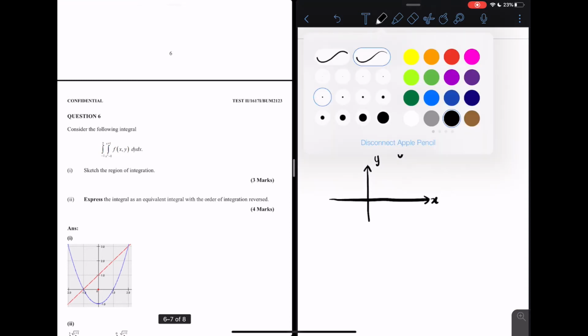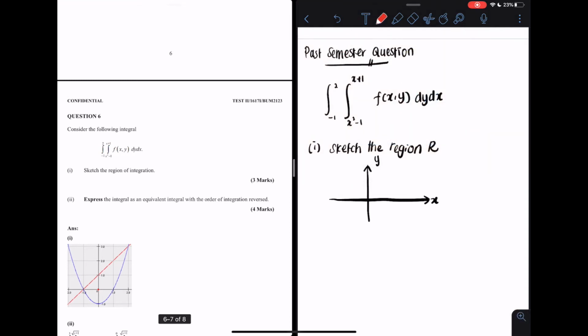Okay, and then you have to sketch an arrow, and this arrow should be parallel to the y axis, bottom up. So in this case, according to this arrow, it will come across y is equal to x squared minus 1. If you still remember, when you have y is equal to x squared, it will give you a parabola.